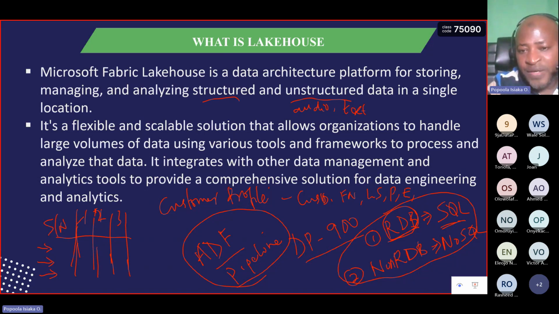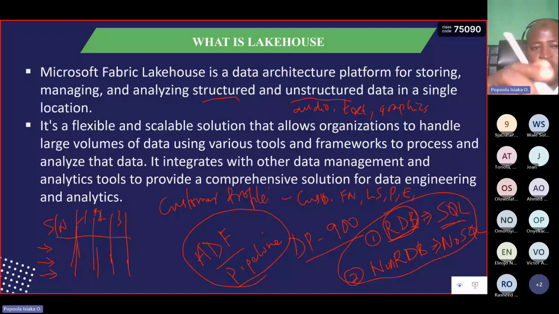You can have graphics, just like animations, or sometimes you can have a combination of all these data formats. So when you have different types of format coming together, that's what we call unstructured data. Unstructured data is data that is not arranged in rows and columns.